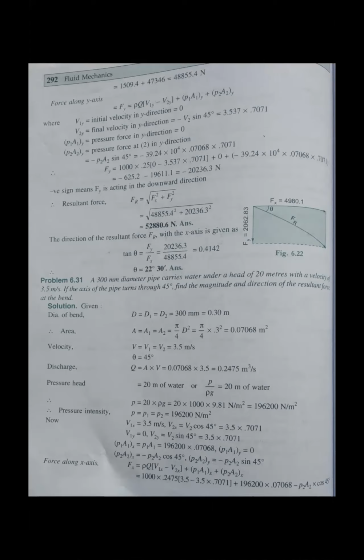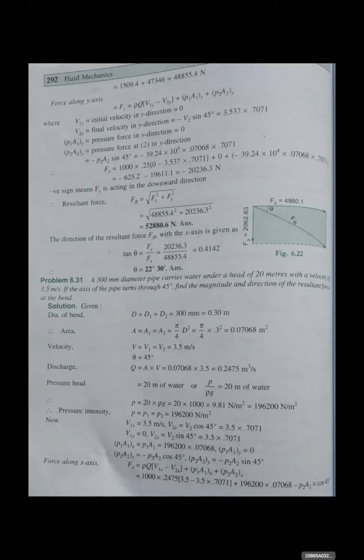What is its value? V1 is flowing in the pipeline in the positive x direction. When resolved in the y direction, it would be V1 cos 90, which is 0.